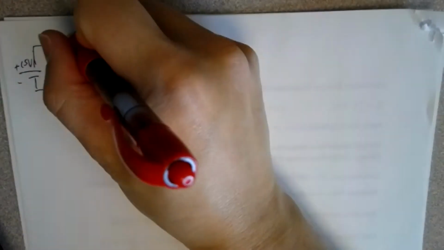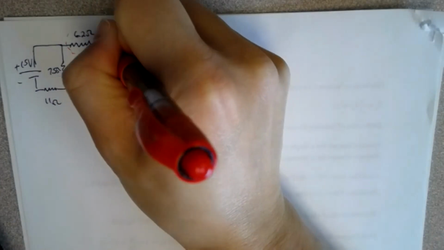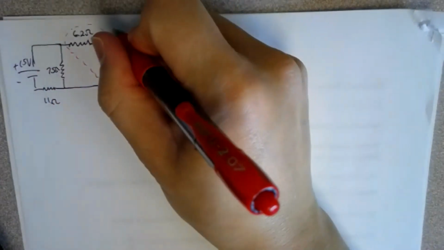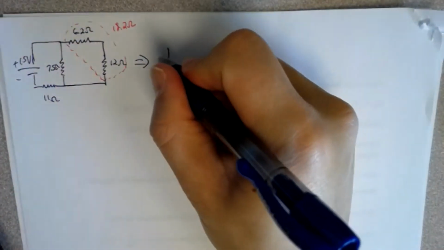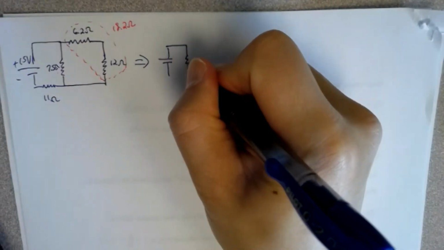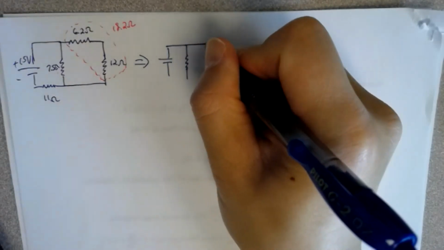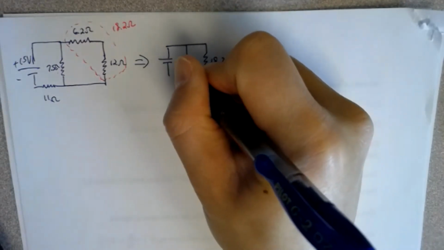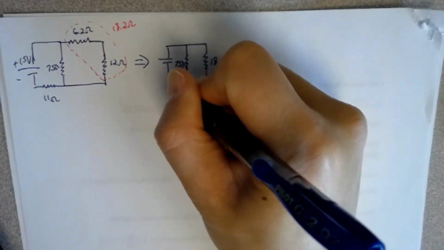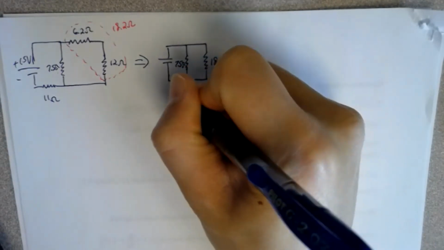All right, so as we check on this one, it looks like the 6.2 and 12 are in series, right? So you add those two up and it becomes 18.2 ohms. So this part will be replaced by just the single 18.2 ohms. So then this becomes 7.5, then 18.2 ohms, and the 11 is still there.